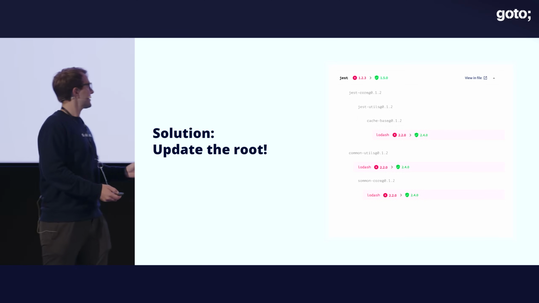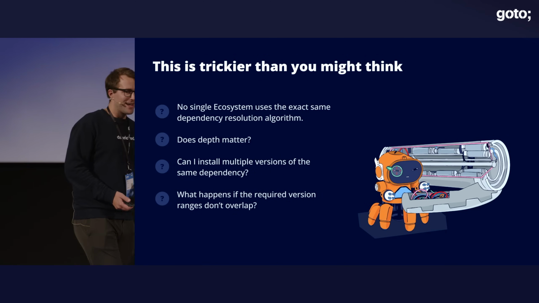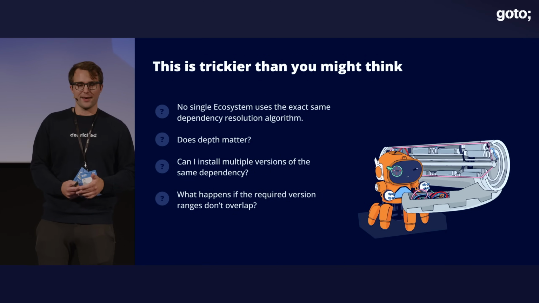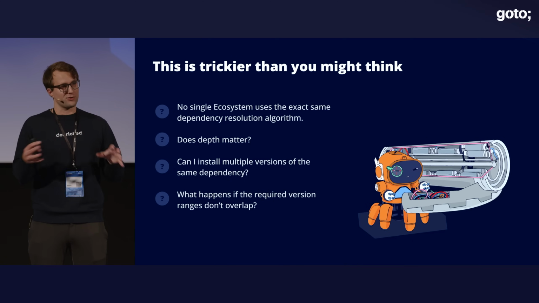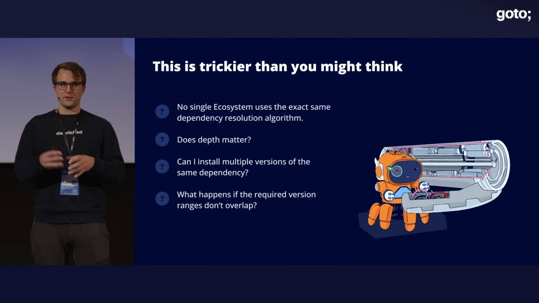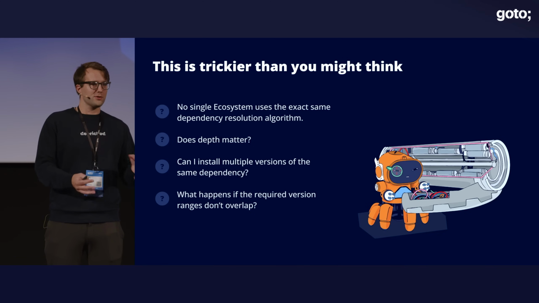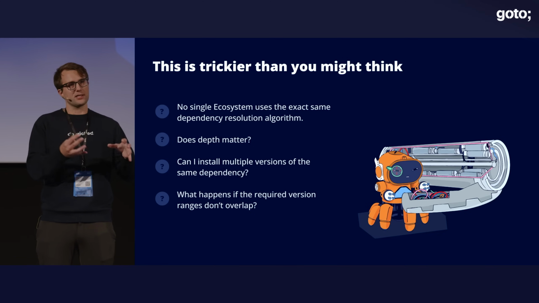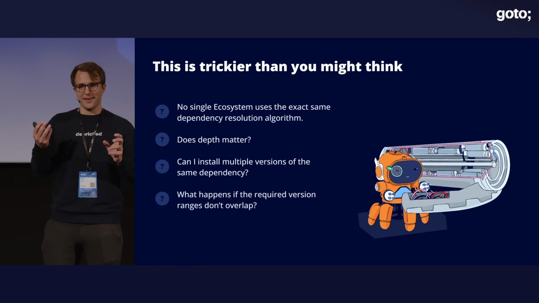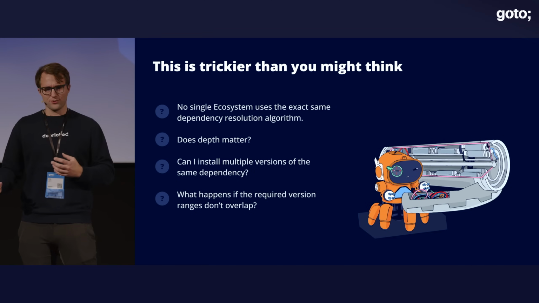So it turns out that this is a graph problem. And graph problems are tricky for many reasons, but they're especially tricky here because communities are different. We have different types of resolution algorithms for how a package manager resolves its dependencies, and they affect the community quite a lot.